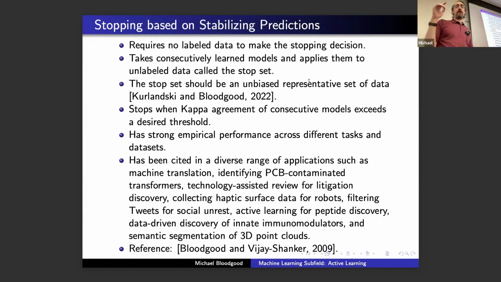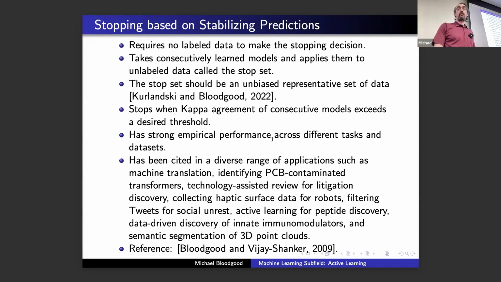I also think it's important if you're deploying a system and you're constantly getting new unlabeled data as time goes on and you're worried about distribution shift or something has changed, you can periodically re-update your stop set and see if things change. So it has some nice advantages in terms of that. What it does is it stops when kappa agreement of consecutive models exceeds a desired threshold.